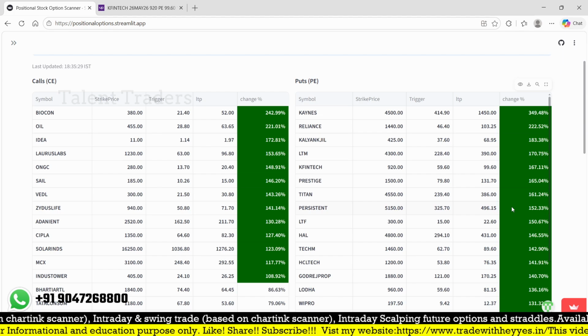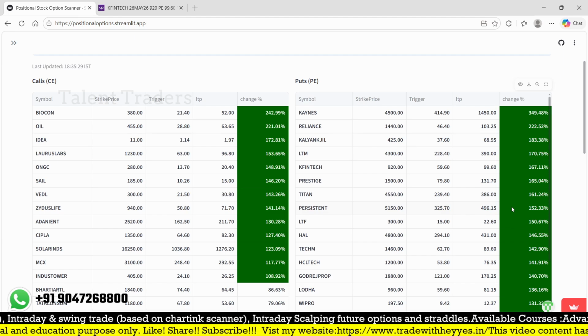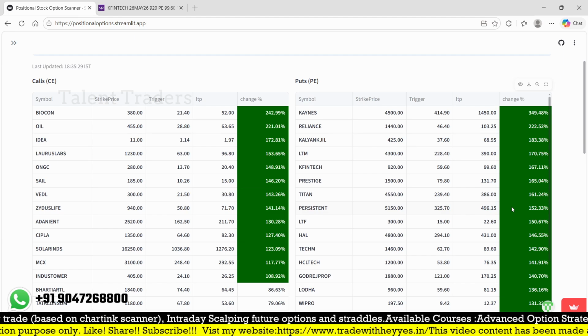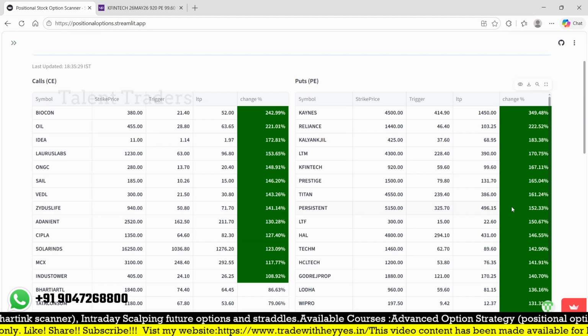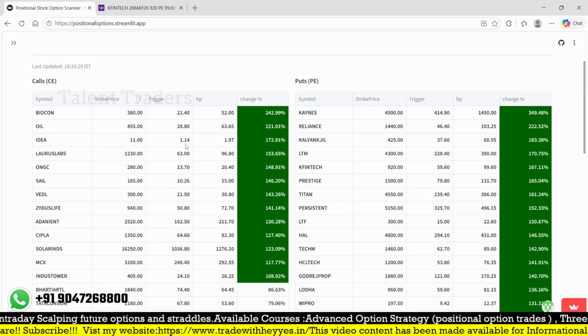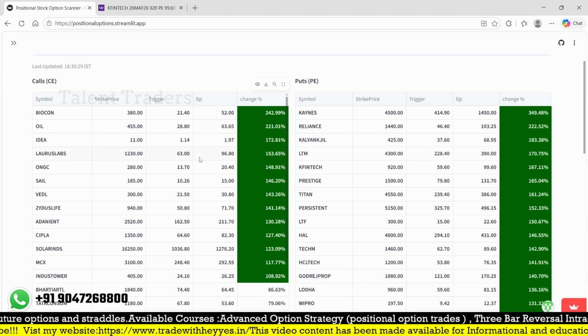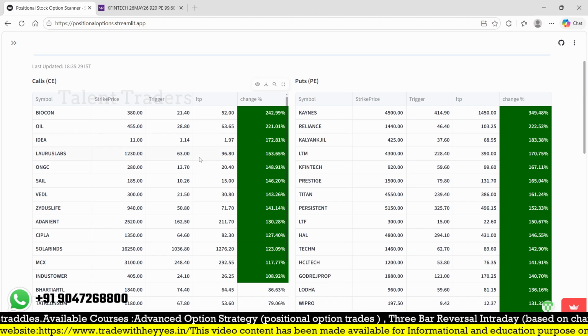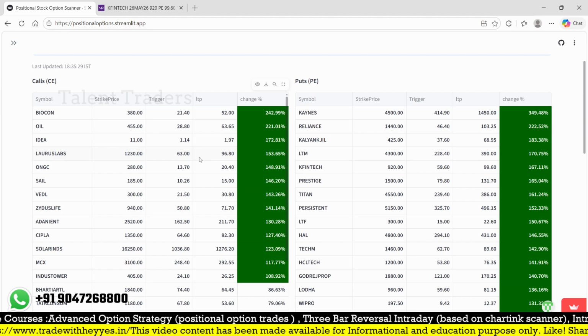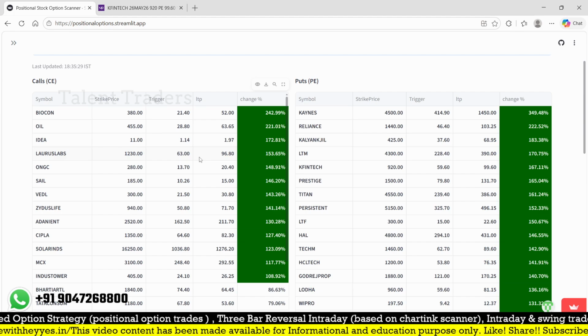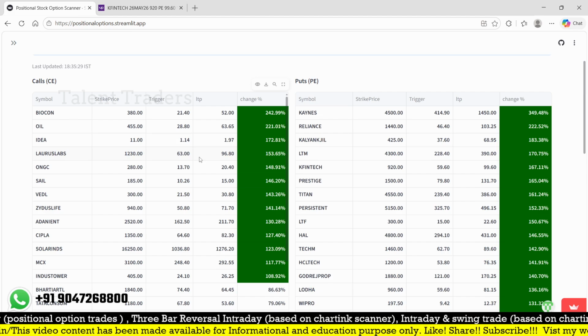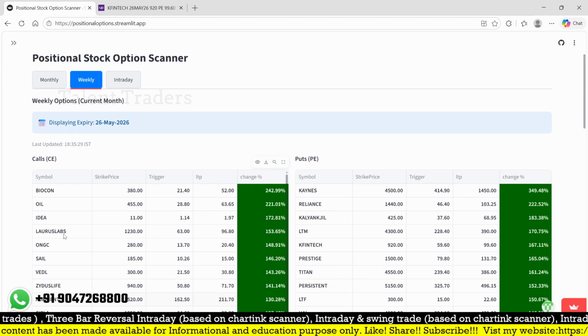But we have a key concept, how to select stocks and strike price, which is all included in the core content. This is only a tool which helps you find opportunities in a much quicker manner. We will also do it manually with the charting scanners which we have created, and we will provide them too. That way we can use it.